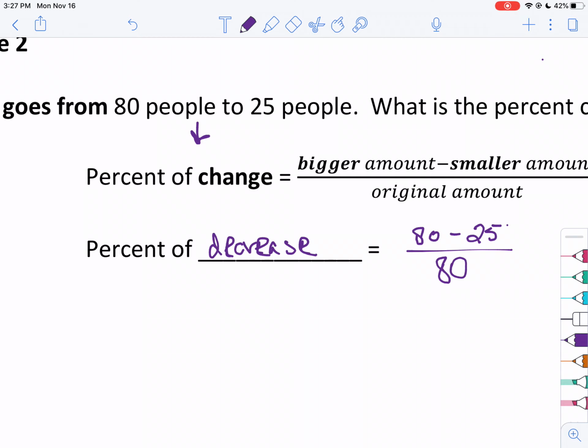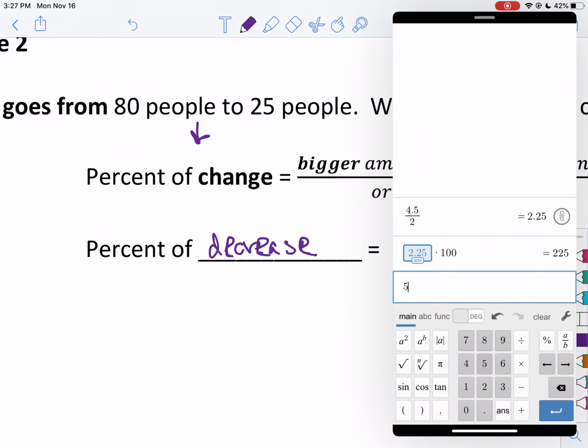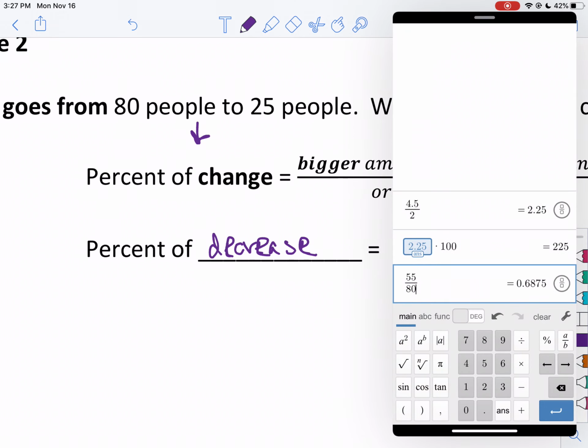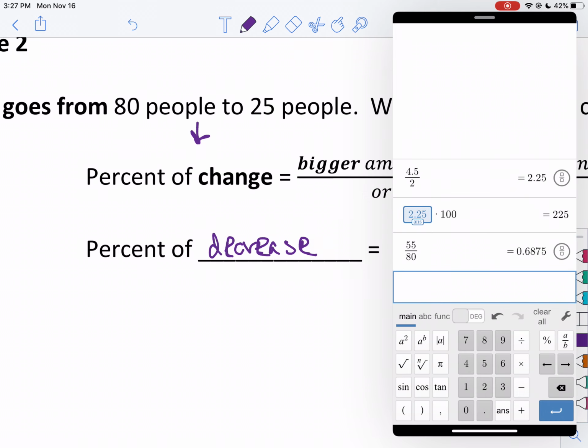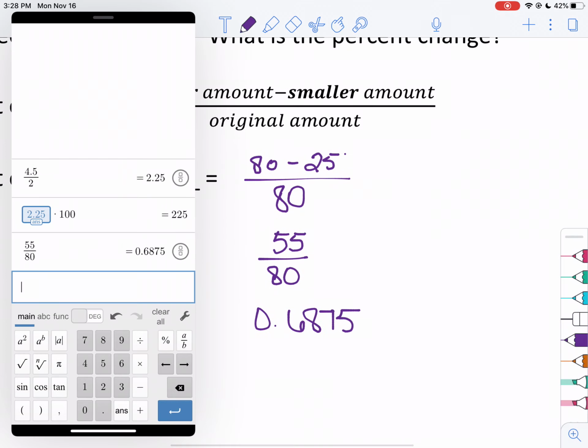80 minus 25 is 55. So 55 over 80 gives us 0.6875. Okay, so we want to change that to a percent.